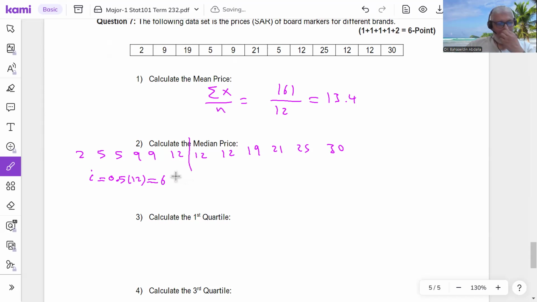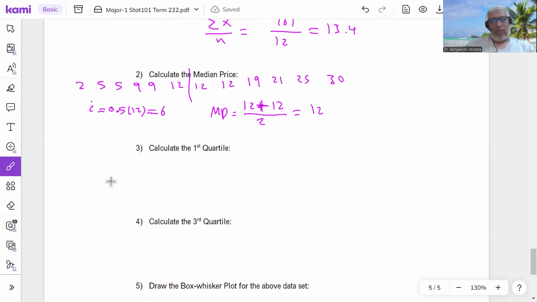Whenever you have an integer, which is 6, this is the number in the sixth position. You take the number in the 6.5 position, which means you add the number in the sixth position plus the next number, which is in the seventh position, and you divide by 2. So the answer is 12. So the median is 12.